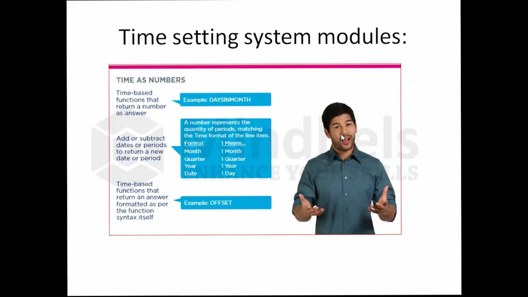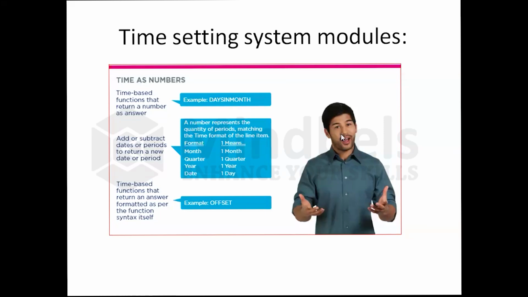Days in a month is an Anaplan function. It will give you the number of days in a month. Suppose how many days there are in January, how many days in February. If you use this function, it will return 31 days, 30 days, or 28 days, whatever it is based on that month.